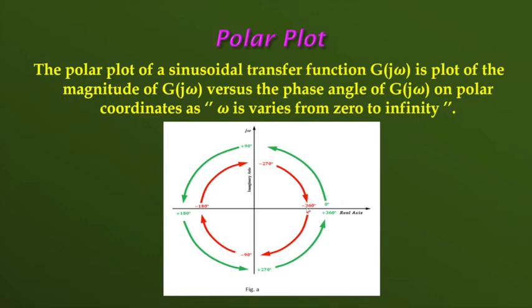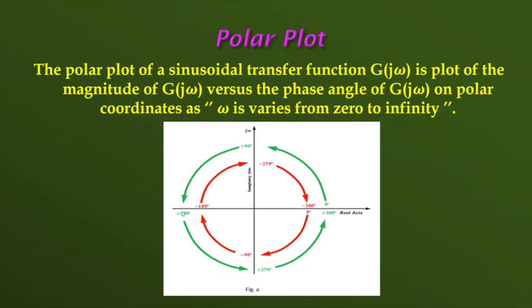If this is 0 degree, then in the clockwise direction this angle is minus 90, at that point the angle is minus 180, and this point is minus 270 to minus 360 degrees. If we consider the anti-clockwise direction from the real axis, this is 0 degree and this is plus 90.